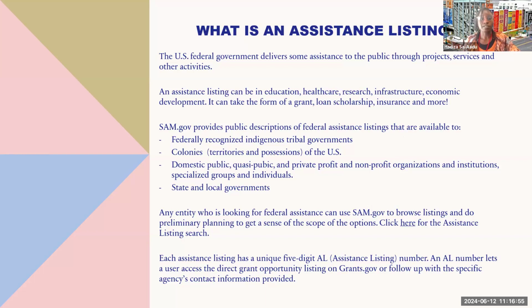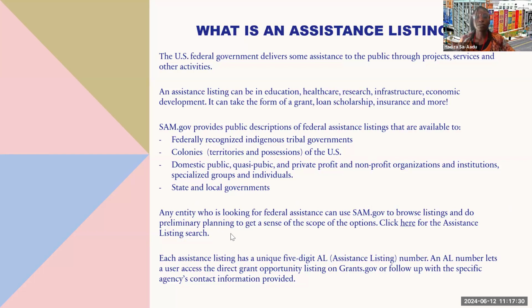So SAM.gov does provide public descriptions of federal assistance listings, and these federal assistance listings are available to federally recognized indigenous tribal governments, colonies, also known as territories and possessions of the US, domestic public, quasi-public, and private profit and nonprofit organizations and institutions, specialized groups and individuals, and state and local governments.